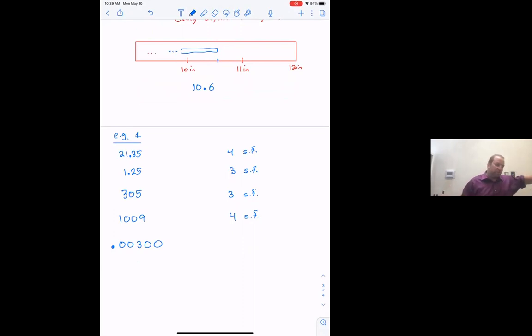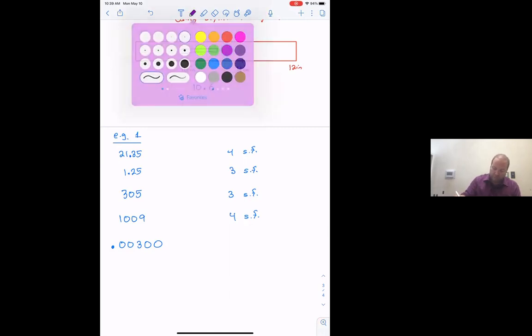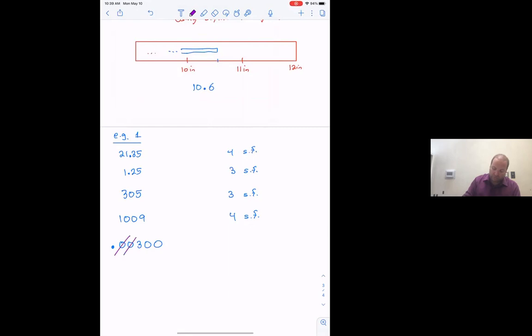We have some zeros preceding, and we have zeros after the fact. So we already know rule number 1 and 2: non-zero digits are automatically significant, and zeros sandwiched in between are automatically significant. Rule number 3, preceding zeros, the ones that are before any non-zero number, are automatically not significant.